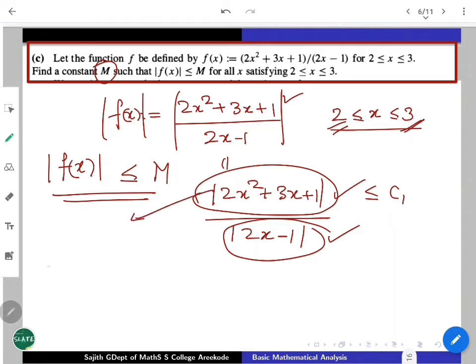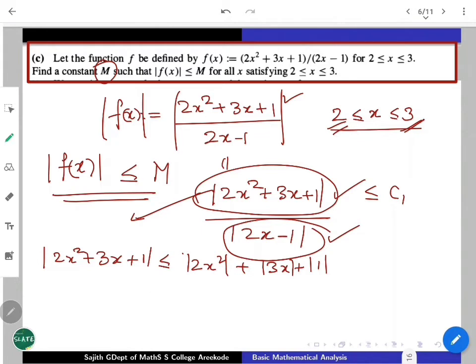So this gives me what? Modulus of the numerator 2x square plus 3x plus 1. Triangle inequality can be easily applied, which is less than or equal to modulus of 2x square plus modulus of 3x plus 1.